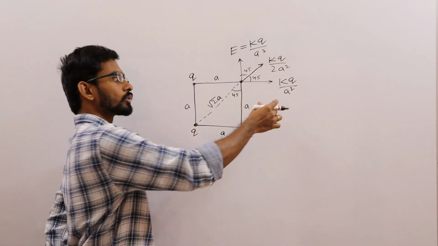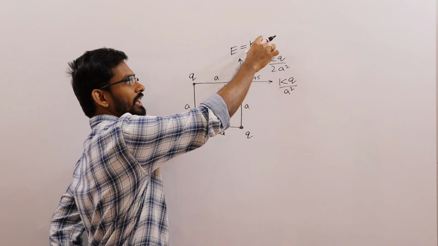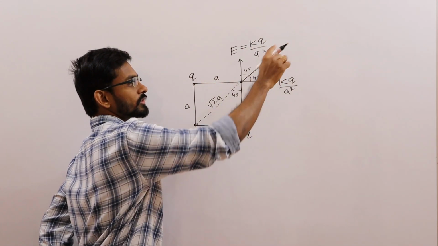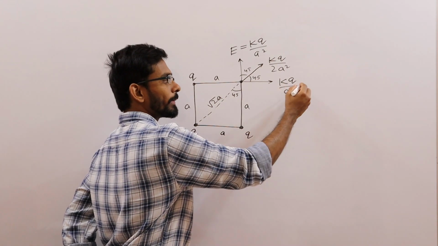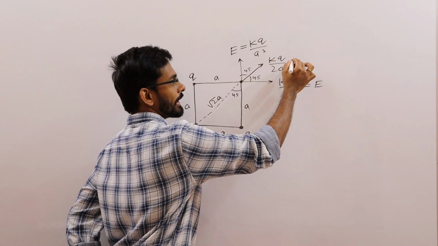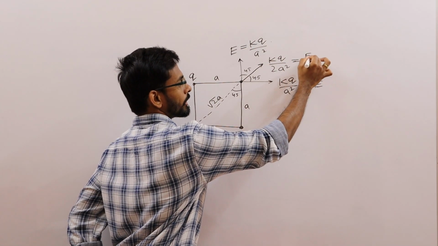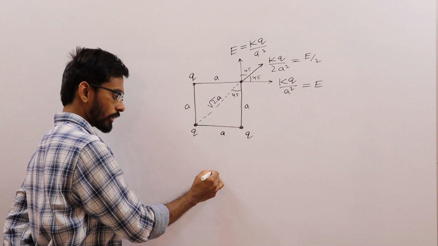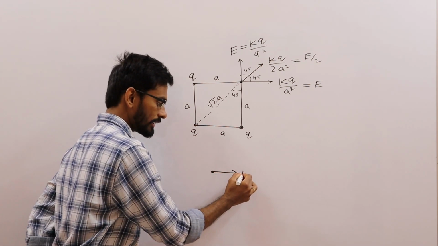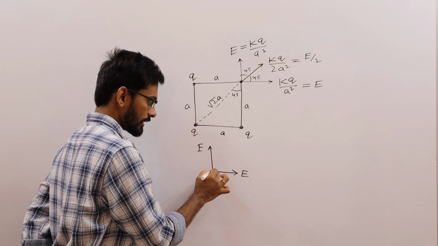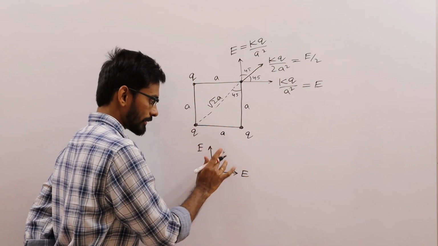So the electric field due to this charge will be in this direction, it is KQ by A square by 2. Let us say KQ by A square is E. So this is also E and this will be E by 2. Now if I write these values at a single point, electric field E in this direction, E in this direction, and E by 2 along the angular bisector.